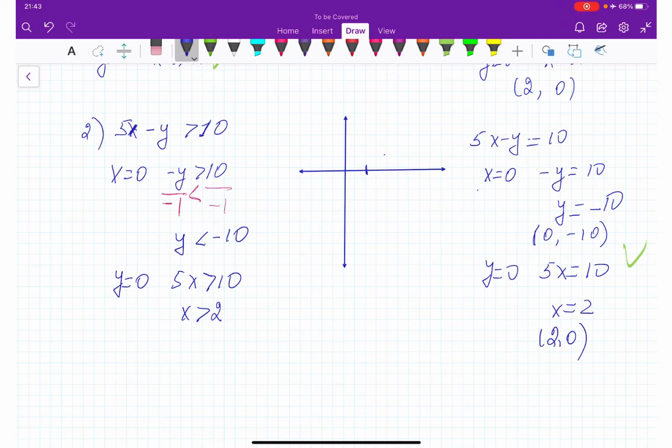Now 10: 1, 2, 3, 4, 5, 6, 7, 8, 9, 10. So it's going to come right here. 2, 4, 6, 8, 10. This is negative 10, and positive 2, 0 is right here.